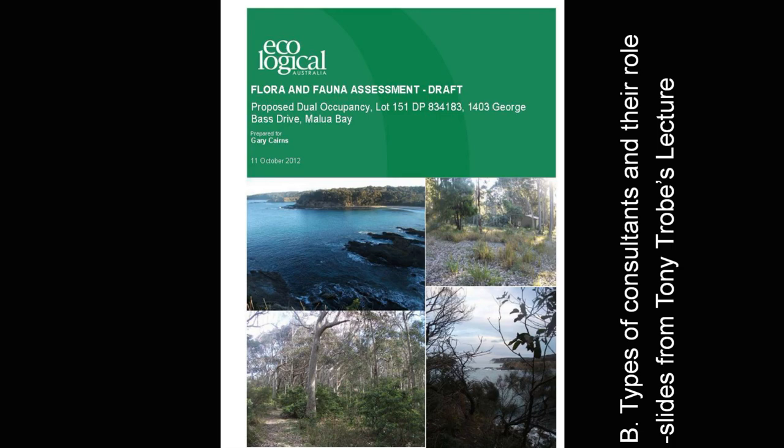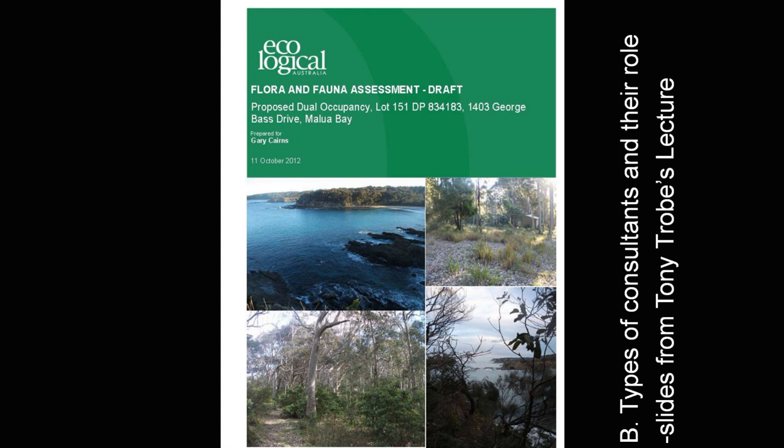So the first thing I'll talk about is the flora and fauna assessment that was produced for the house that Tony Trobe talked about. Now, this is purely in response to planning or development requirements. In this case, they were required to demonstrate that certain flora or habitat for fauna would be protected or not damaged by the proposal.